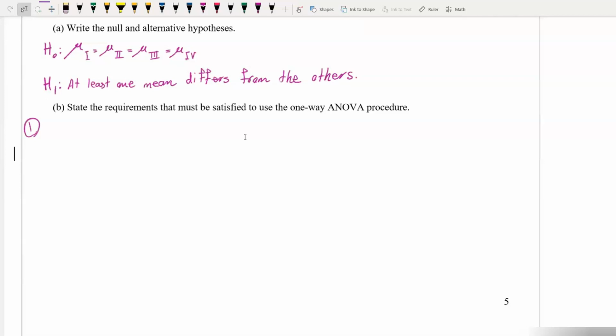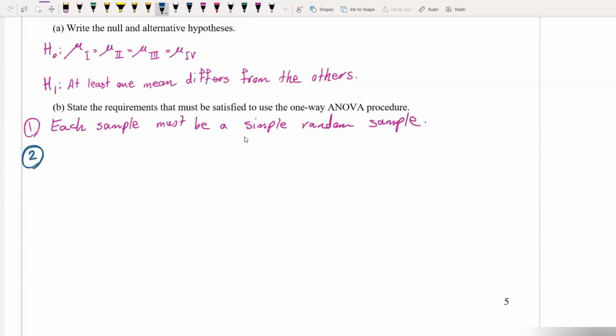Each sample must be a simple random sample. Number 2, we should have independent samples, so the 4 samples must be independent.